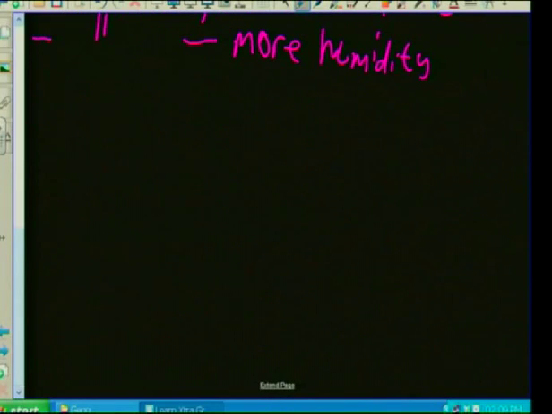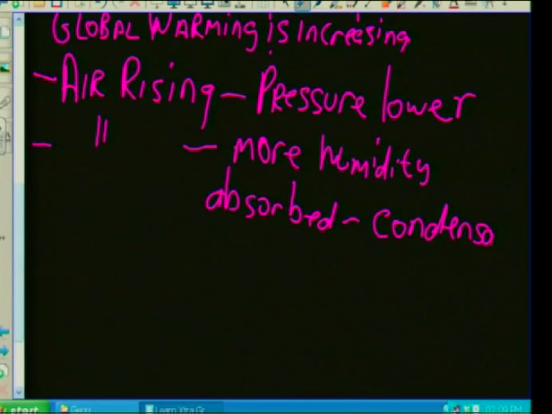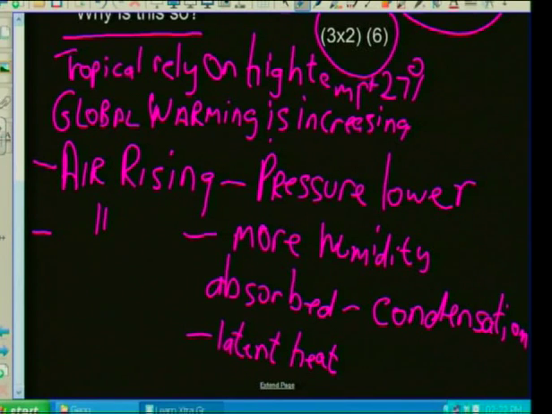More humidity absorbed. And if more humidity is absorbed, there'll be more condensation. And if there's more condensation, there'll be more latent heat, which would make the temperature go even higher. And if it goes higher, we'll have a stronger tropical cyclone. Remember, it's 6 marks. You just have to put any 3 of these points and you've got your marks already. And that's your 6 marks.